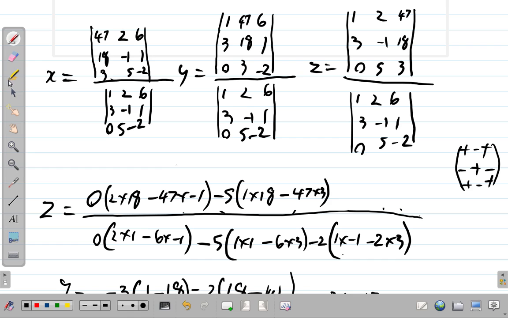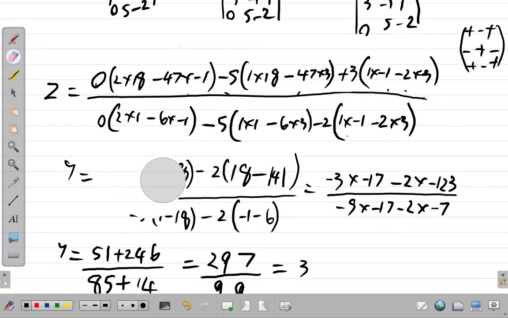And then you cover the row and column that contains 3. The uncovered elements are 1, 2, 3, negative 1. So it's going to be a 1 by negative 1 minus a 2 by 3. Alright? So what you will have here is a positive 3 plus 3 times 1 times negative 1 minus 2 by 3. So you see that?